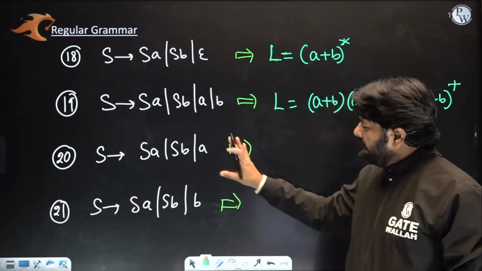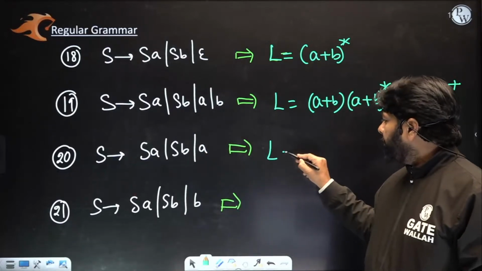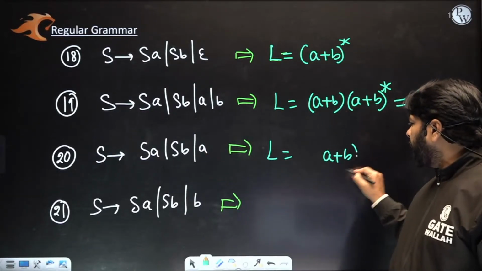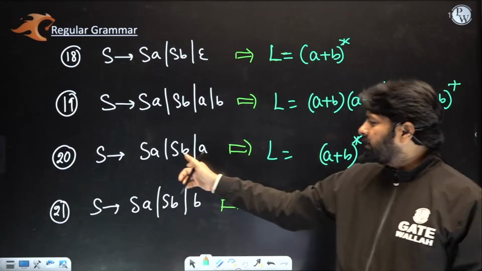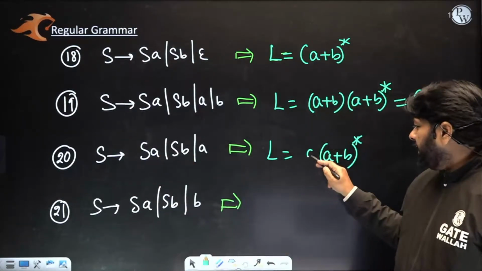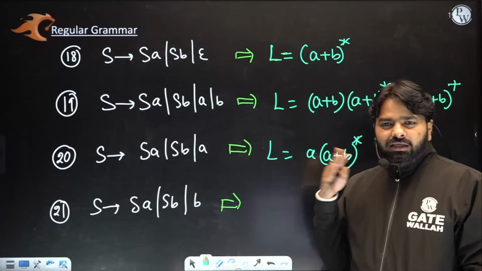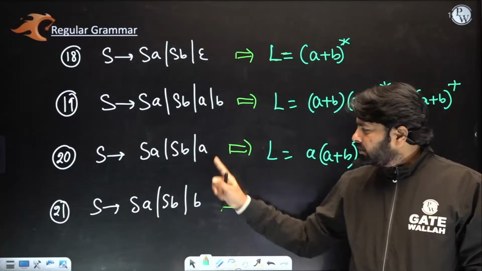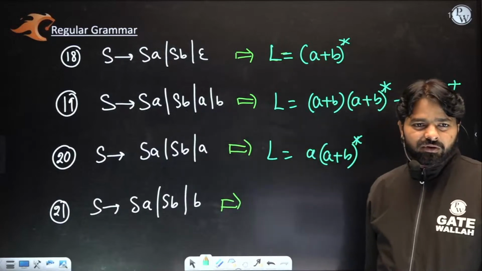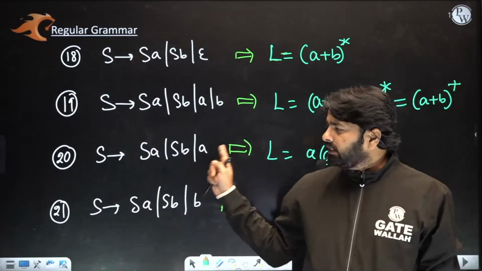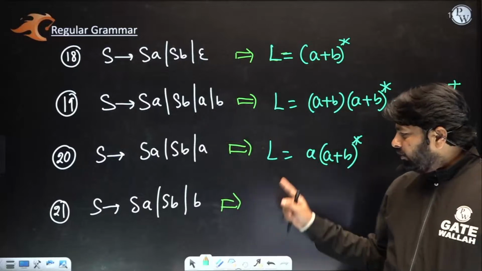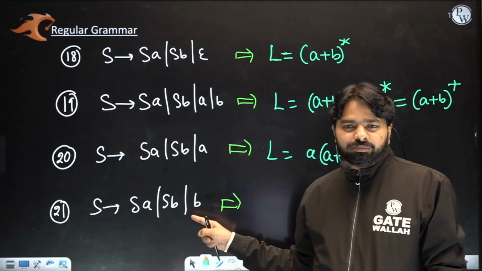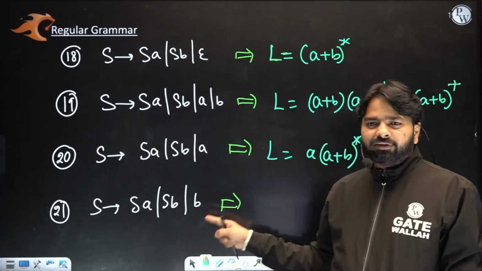Now this one, (a+b)* is there, but that a is going to be a terminal that comes before this, because S is there after a or b. So here a is there. That means it is the language that starts with a. In the exam, they may ask you which of the following grammars represents strings starting with a. So this grammar represents starts with a. You should look carefully at why this is starts with a. And when you look at this grammar, every string should start with b in the language.